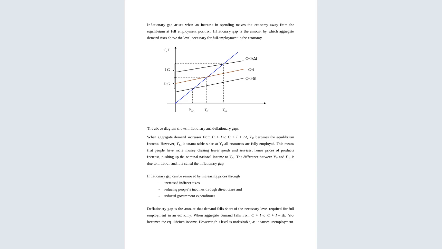The inflationary gap is the amount by which the aggregate demand rises above the level necessary for full employment in the economy. That is what we refer to as the inflationary gap.